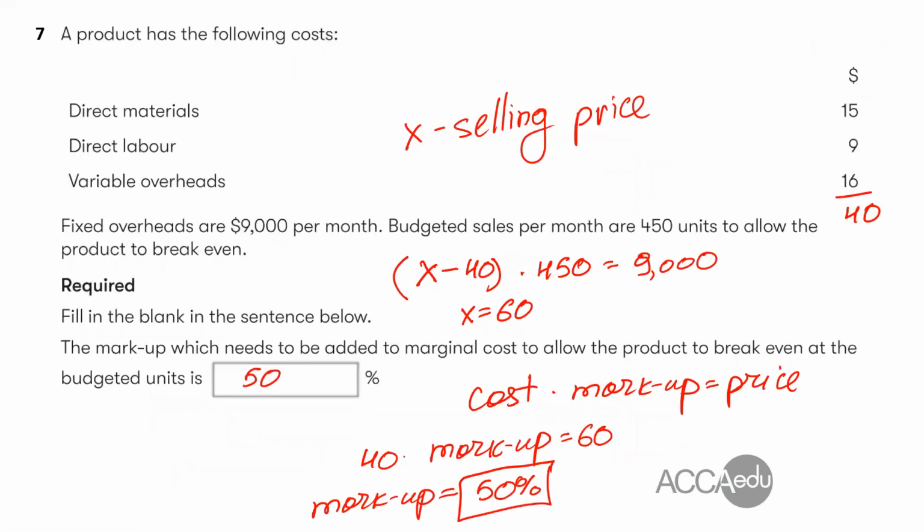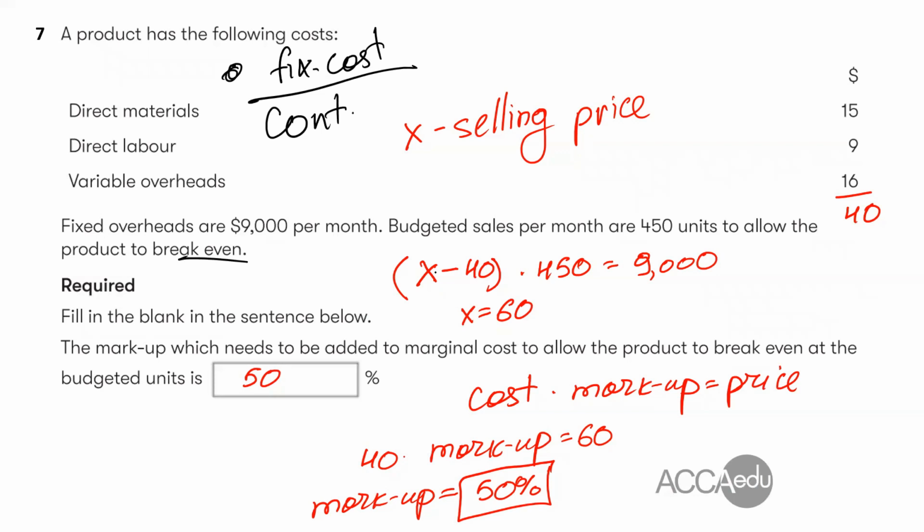7th question. Okay, so break-even, fine. The markup which needs to be added to marginal cost to allow the product to break even at the budgeted unit. For the budgeted unit, all we need is break-even point, which is found by fixed cost divided by contribution per unit.